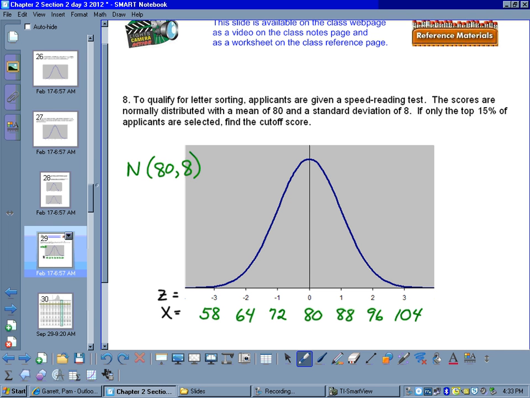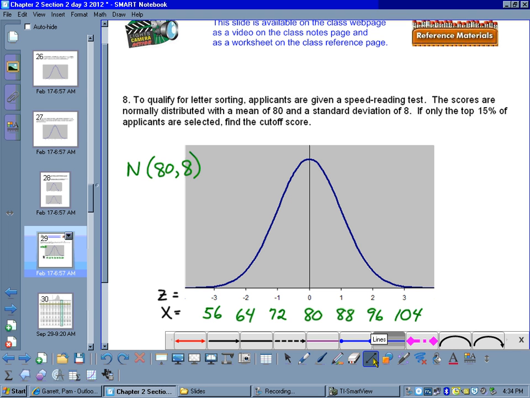Okay, the next thing we want to do is use our knowledge that we have already. This, in fact, would be a 56. Use the knowledge that we have already to determine where we think 15% of the top area under this curve is. And that's one reason why we have spent so much time on the empirical rule.